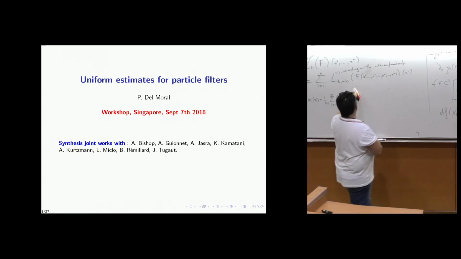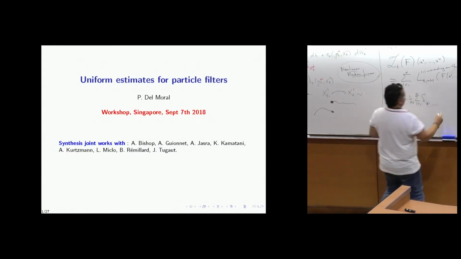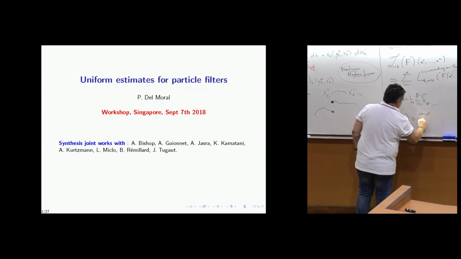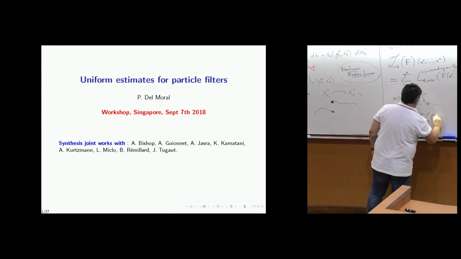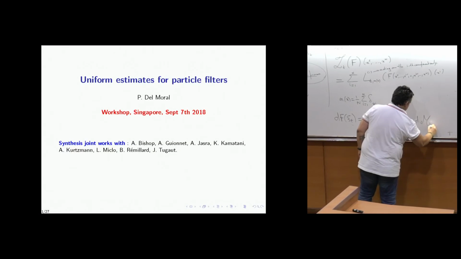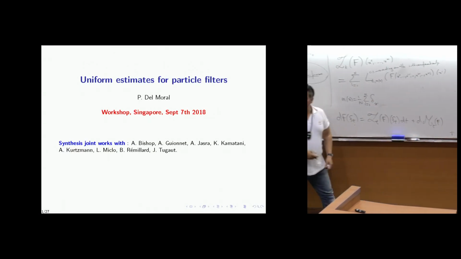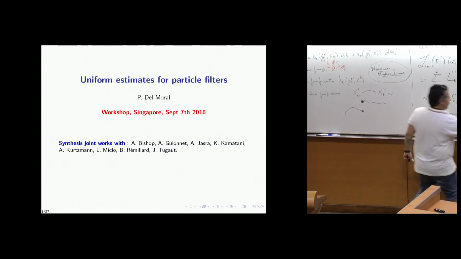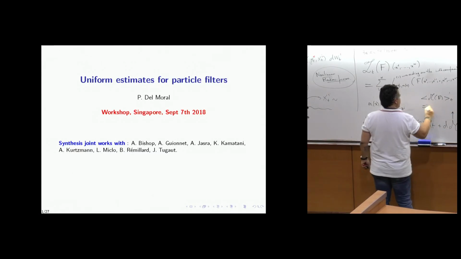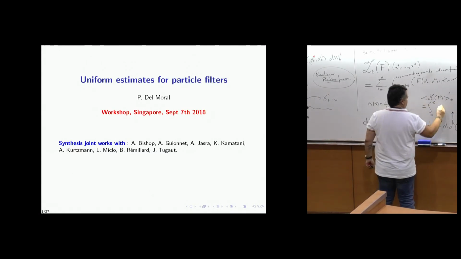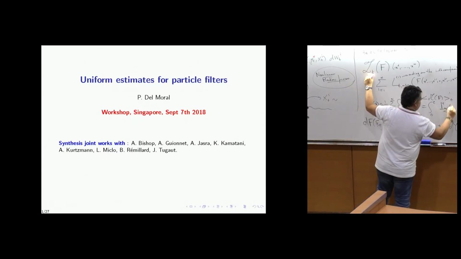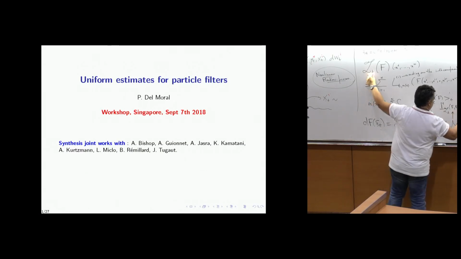So now, this is true for any function. If you take a function of the process, of course you will have the generator acting on the function, integrated over xi t dt, plus a complicated martingale, whose angle bracket I know, and so on. The angle bracket of this martingale will be the integral from 0 to t of the carré du champ associated to this generator, Γ_s(f, f)(xi_s) ds.